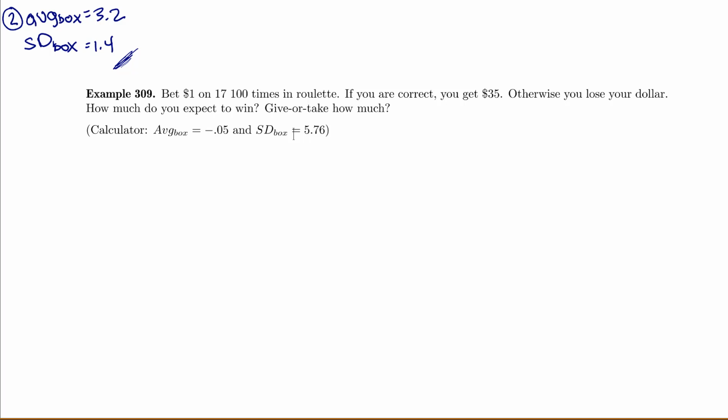Okay, so if we bet $1 on the number 17, you have one chance to win, and if you remember, there are 38 pockets total, so that means 37 chances to lose. If we're correct, we get $35, otherwise we lose our $1. So step one for the box: this is going to be the sum of how many times we play, 100 times, so the sum of 100 draws.